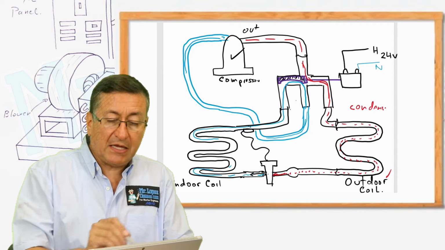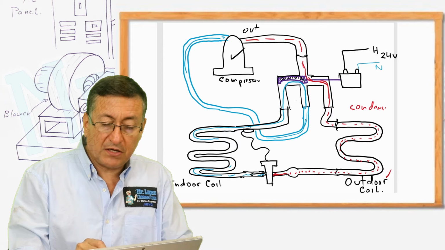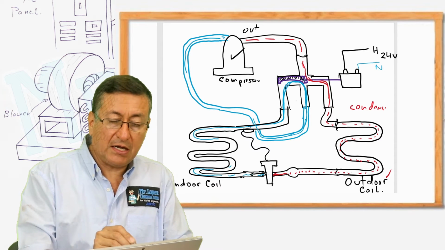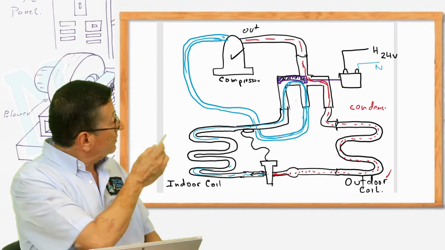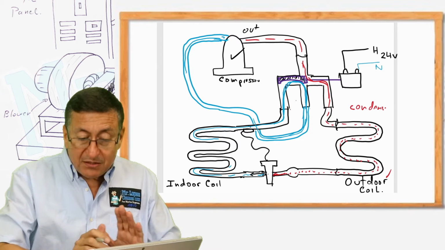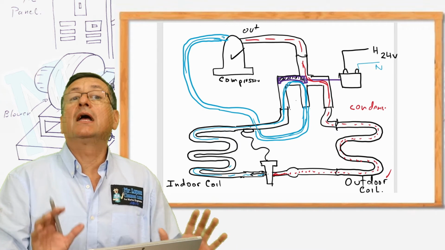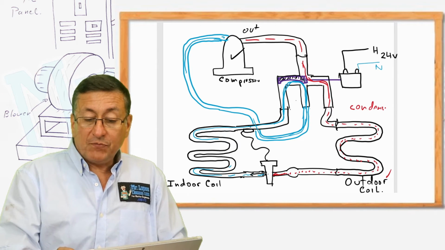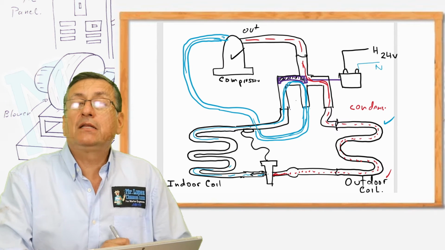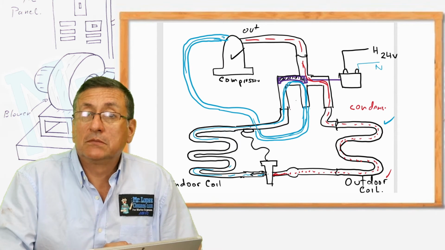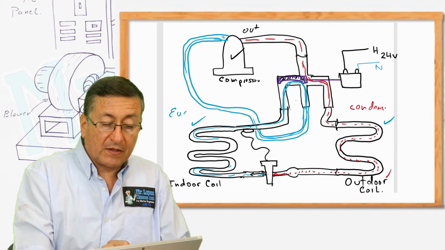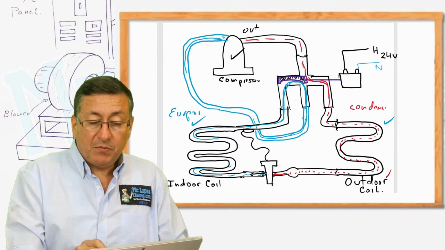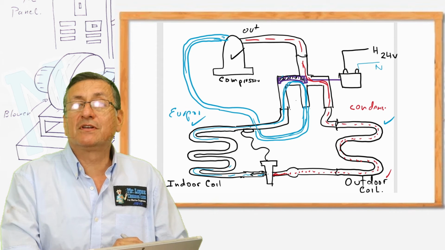And because the piece of metal is located in this position, the refrigerant continues over there and enters the low pressure side. In this particular situation, in that picture, the system is working in cooling mode because the external coil outside is working like a condenser and the internal coil is working like an evaporator, because this piece of metal is located in this position.